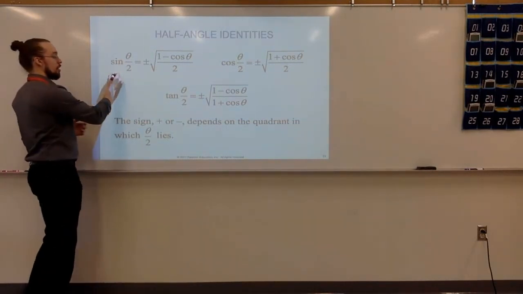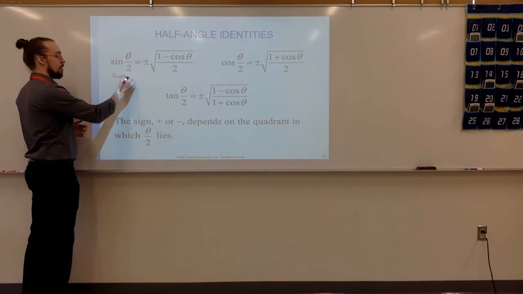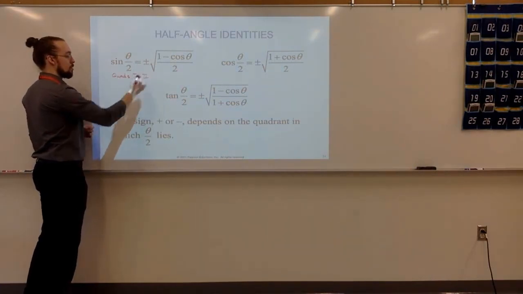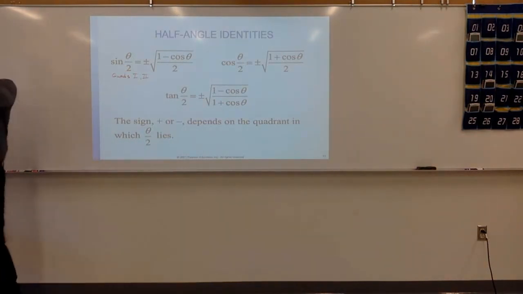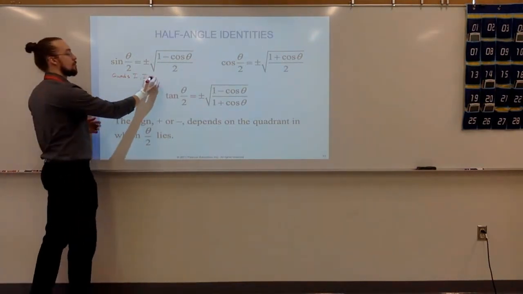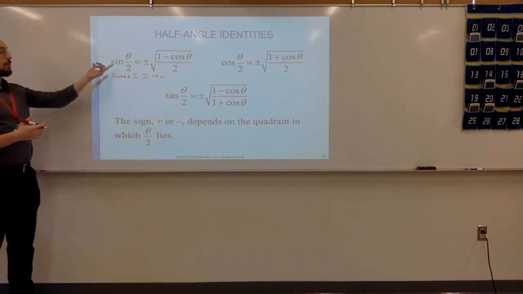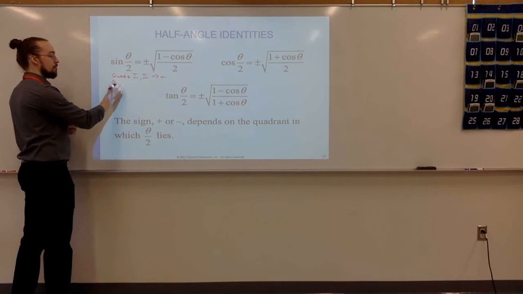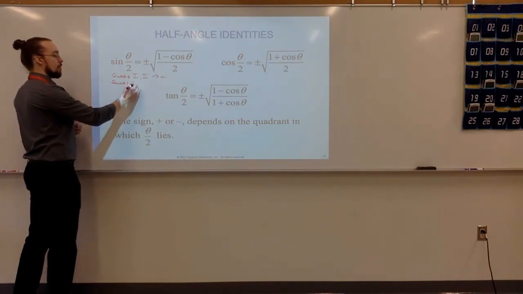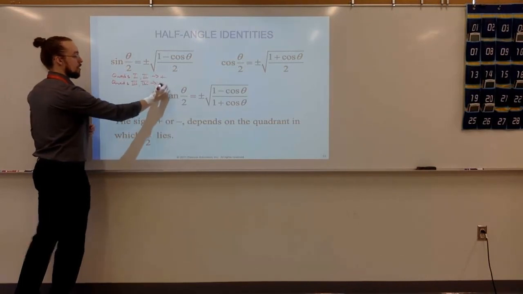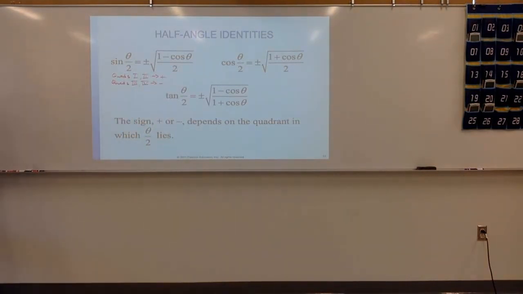So if we're thinking about quadrants 1 and 2, quadrants 1 and 2 are positive y values. Alright, so in quadrants 1 and 2, this will be positive. If our angle is in quadrants 3 or 4, this value would be negative.